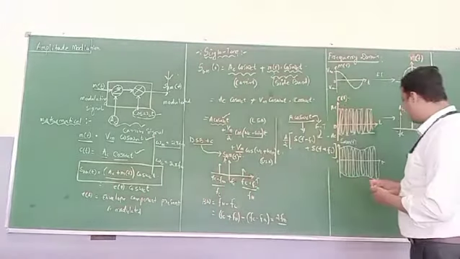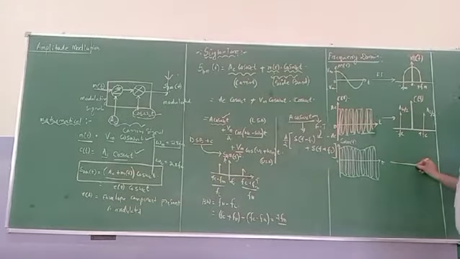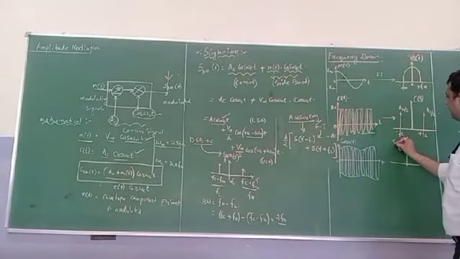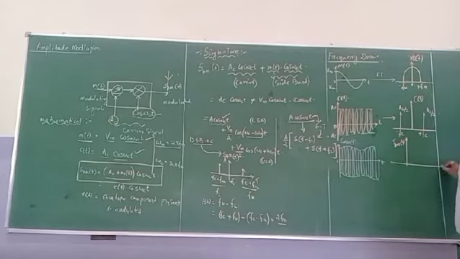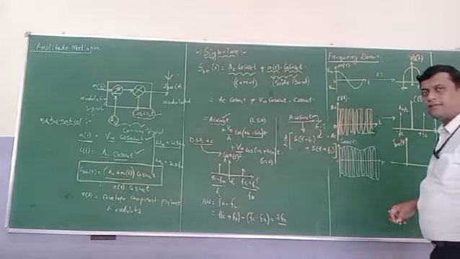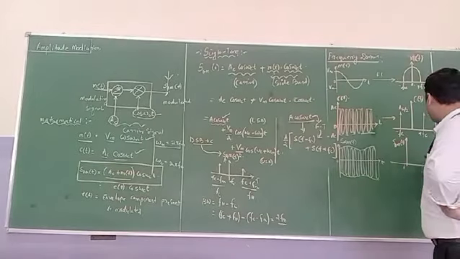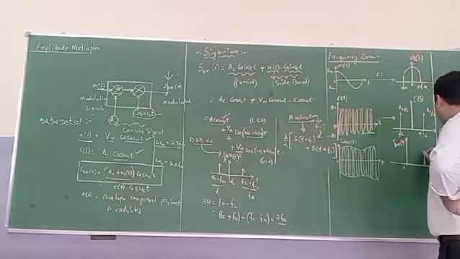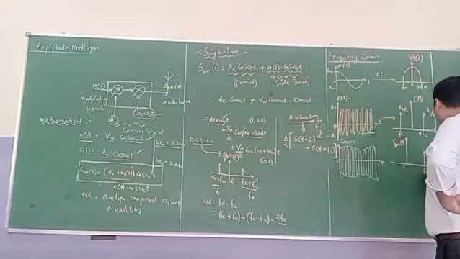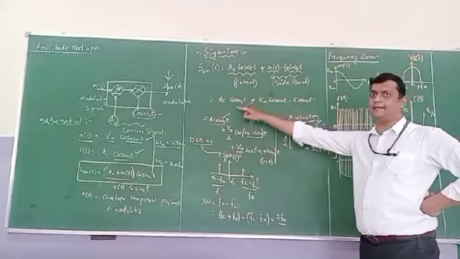The representation is S suffix AM of f, because we are converting the time domain function into the frequency domain. Converting the time domain function into the frequency domain, the center frequency is our fc, because the carrier is present.